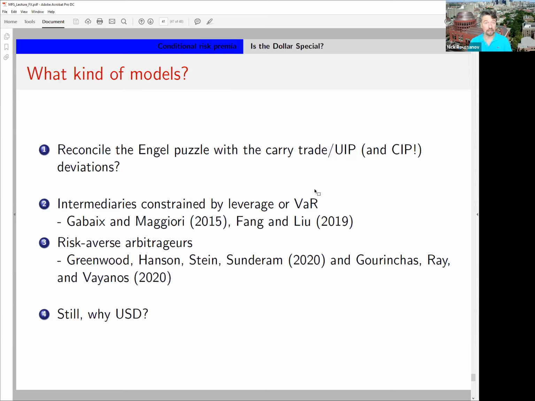And as I argued earlier, this conditional risk premium evidence is really about the dollar. It's much weaker, if not completely non-existent, for other base countries or base currencies. So why is it that the arbitrage is most constrained when betting on the dollar, as opposed to other currencies?